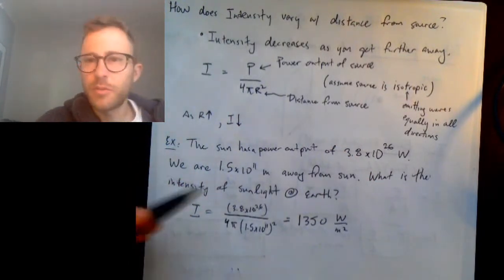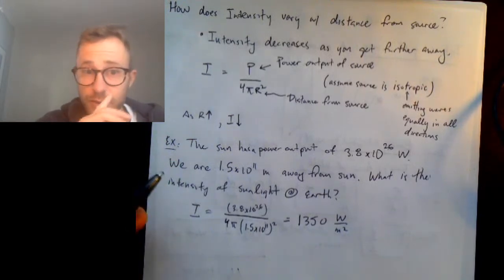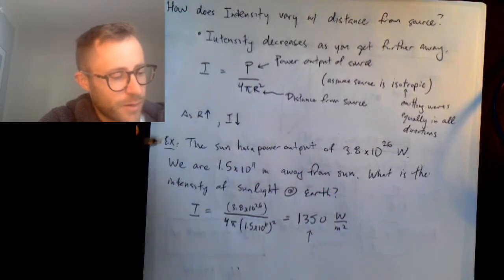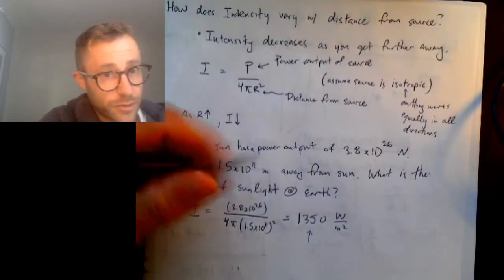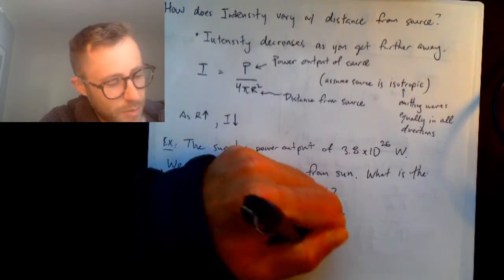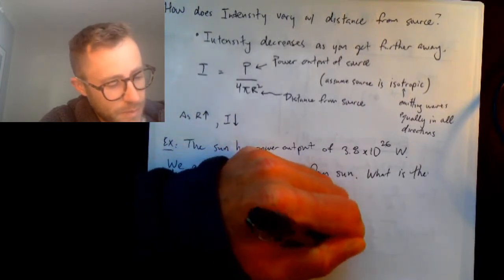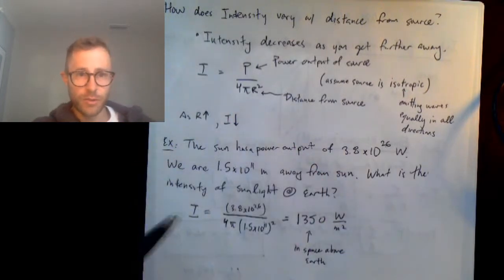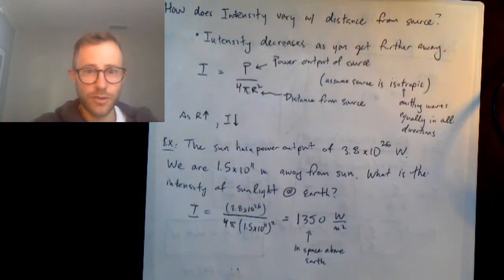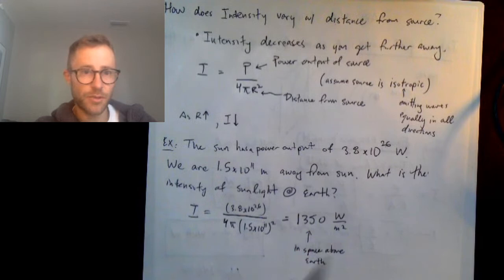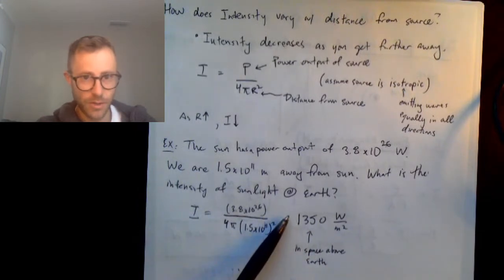Now, something that I find interesting about this is that this is the intensity in space above the Earth. But down here at the surface of the Earth, we don't receive that much intensity because the atmosphere absorbs some of that energy. Okay?